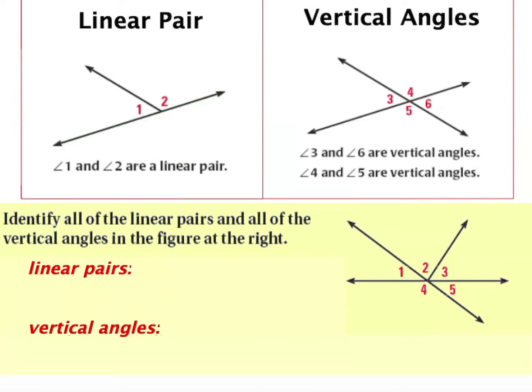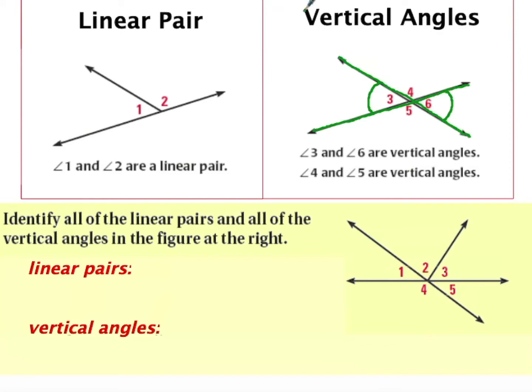Vertical angles are when you have a crisscross of two lines, and then you look at the ones that are across from each other. So angle 3 and angle 6 would be vertical angles. And they actually are congruent, since this will have such nice symmetry. So I put the swoop swoop on the 3 and the 6.